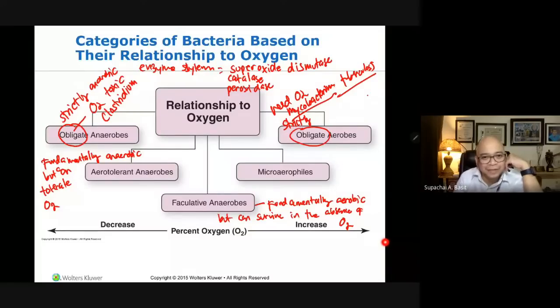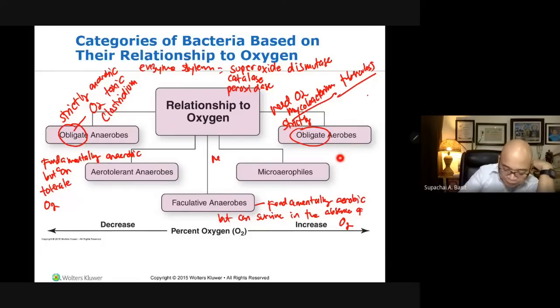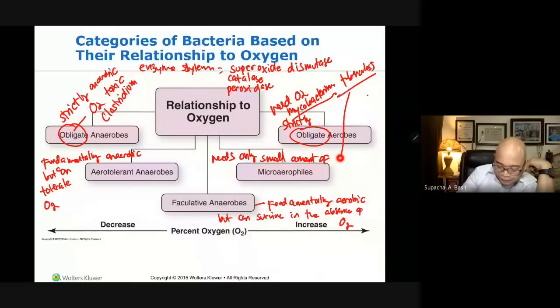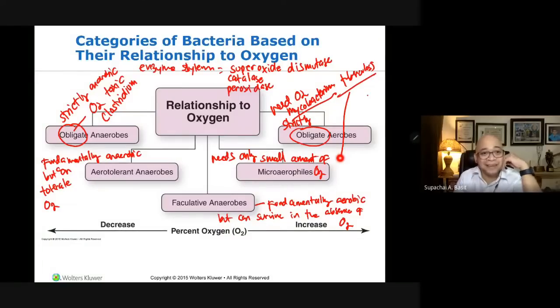And then we have the microaerophilic. The microaerophilic needs only a small amount of oxygen. So that's how we classify them.